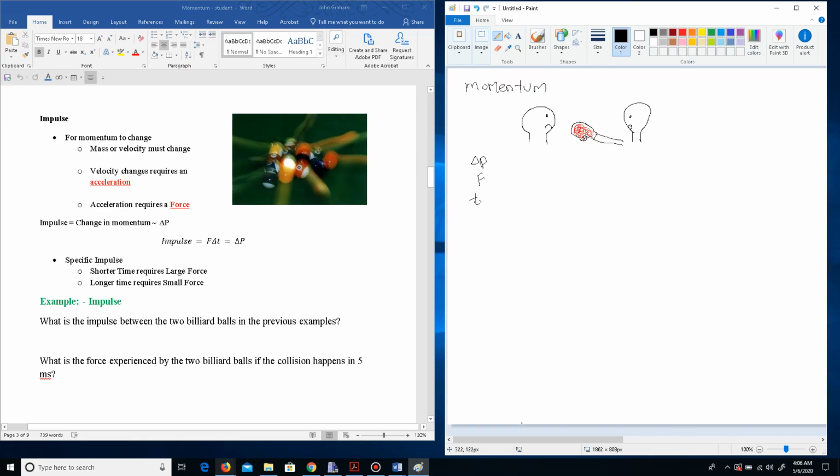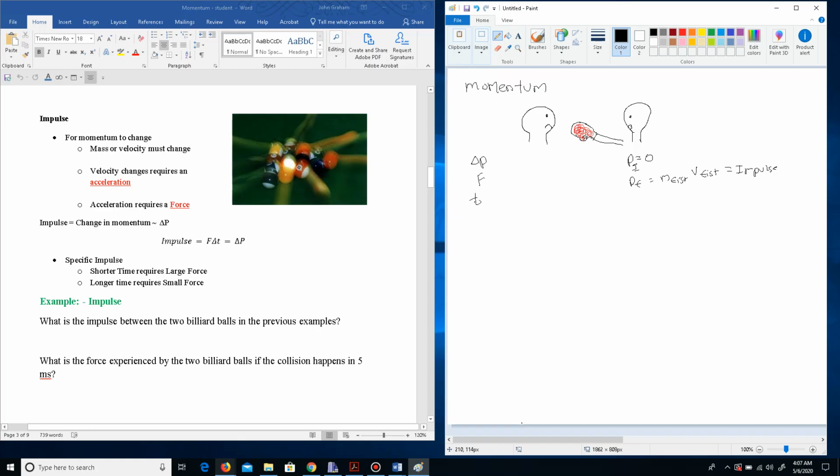This guy has complete control over that change of momentum, because what he's going to do is his glove's going to start out with a momentum of 0, and that's going to be your initial momentum. So I'll put a little I. His final momentum is going to be the mass of his fist times the velocity of his fist. And so he has a specific change of momentum that he's going to hit with this guy. And so it's going to be a specific impulse that he's going to send into this guy.